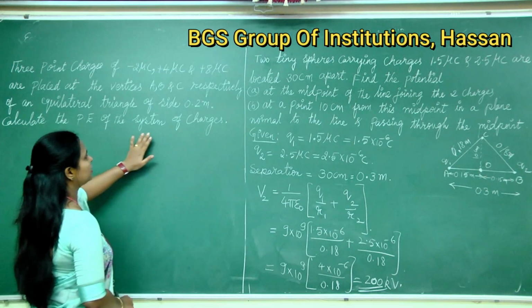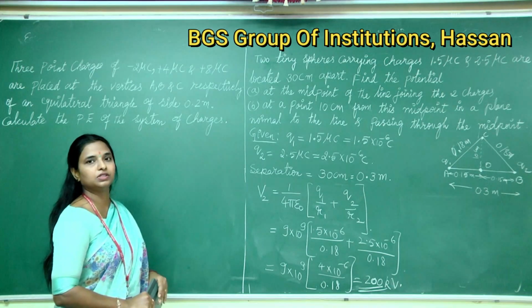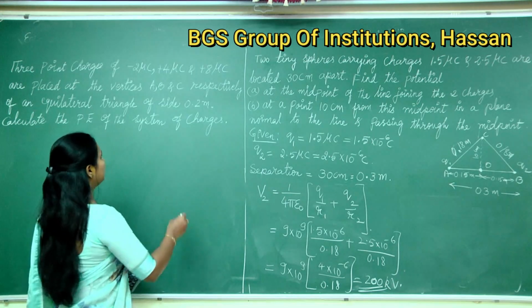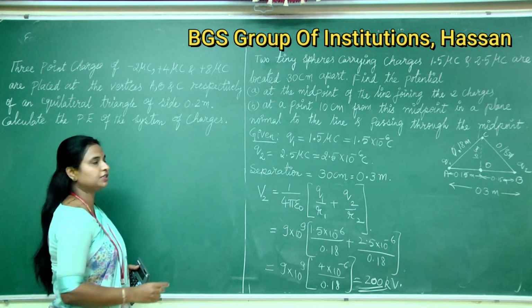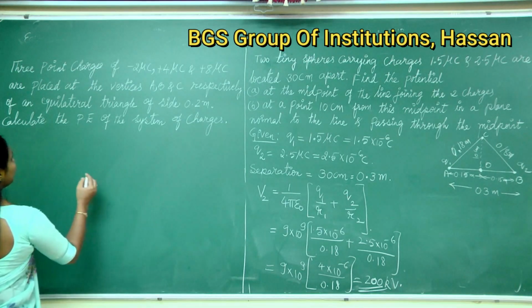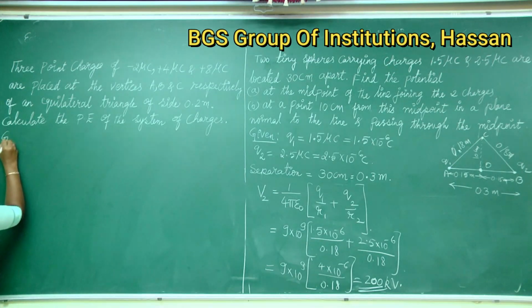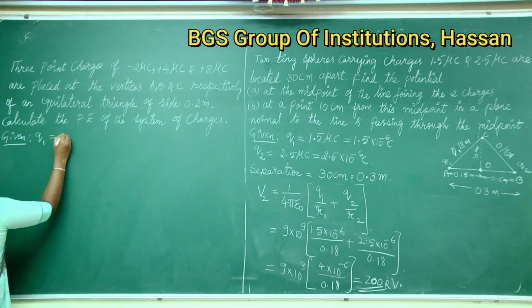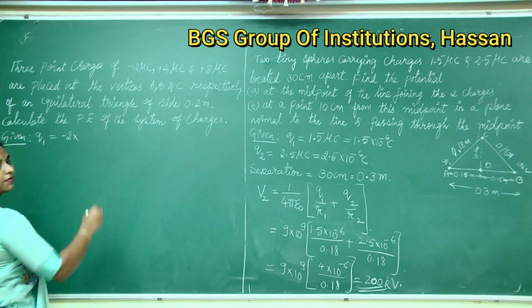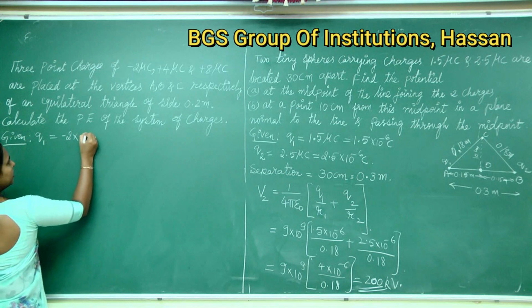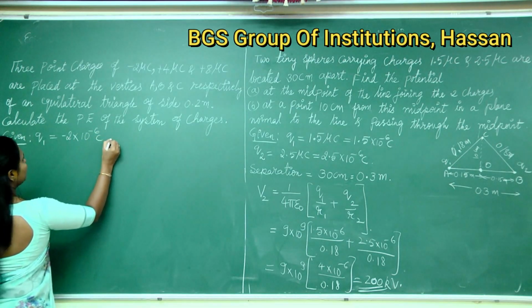Calculate the potential energy of the system of the charges. So this is the problem based on the system of charges, and let me write the given data first. Q1 is equal to minus 2. What is the value of mu? Directly I'll write it, 10 power minus 6 coulomb.